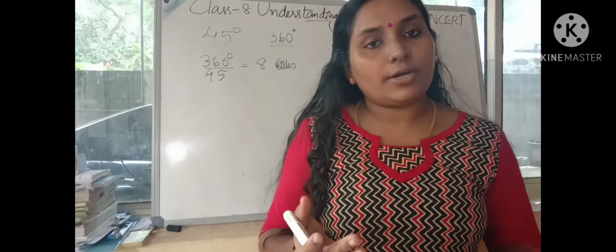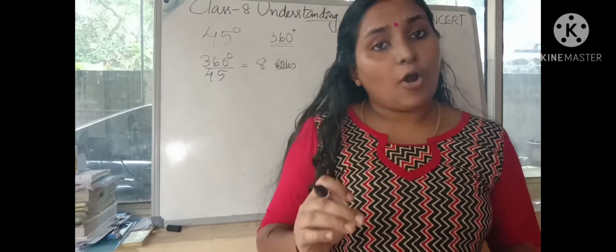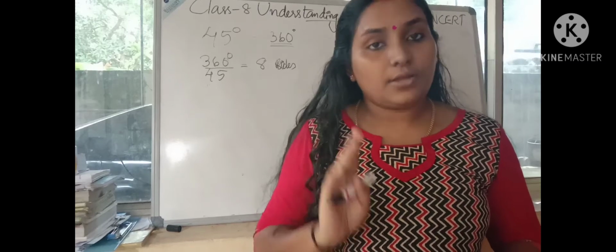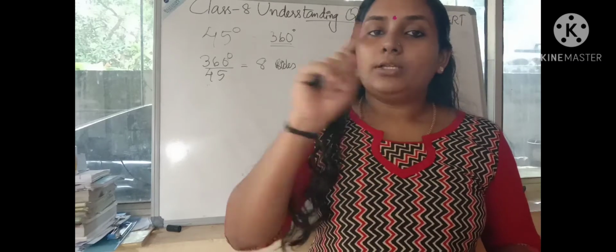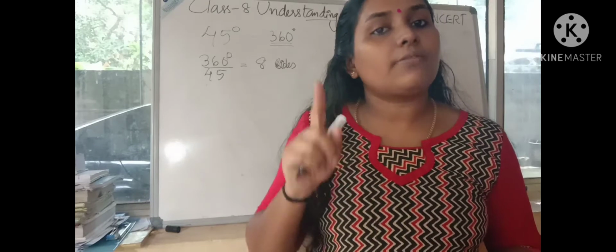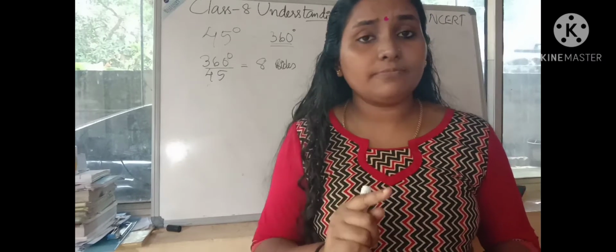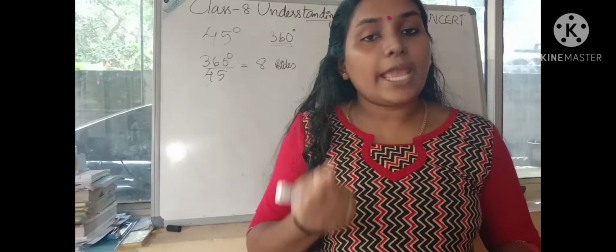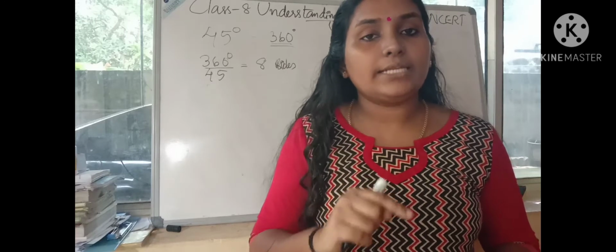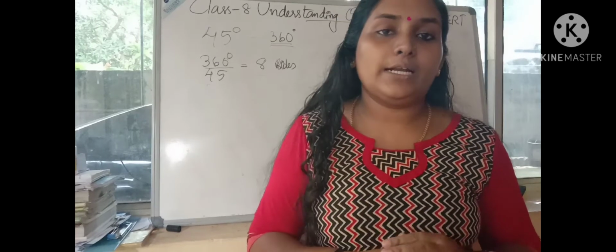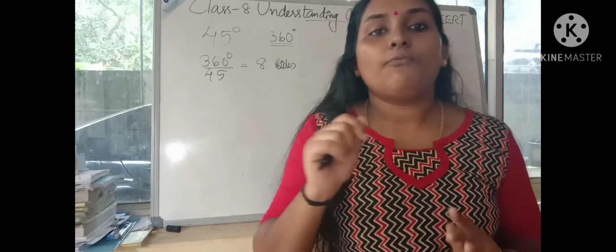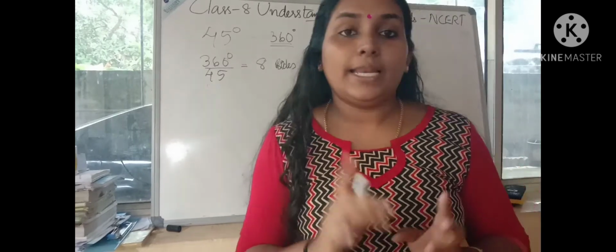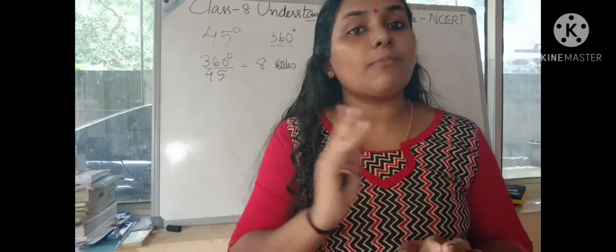In case of quadrilaterals, that means a polygon having 4 sides, the sum of the interior angles will be 360. Okay, and in case of a pentagon, we know that the sum of the interior angles of this pentagon will be 540 degrees. Let us see one formula to find the sum of the interior angles.